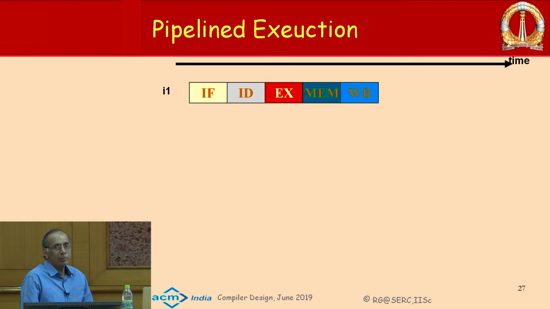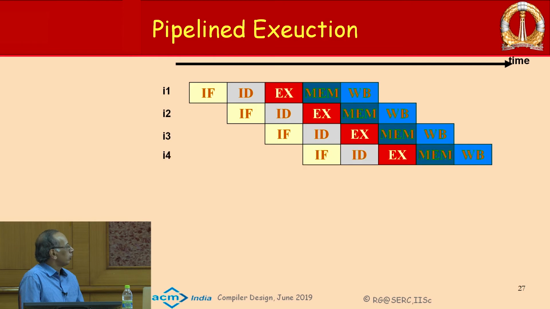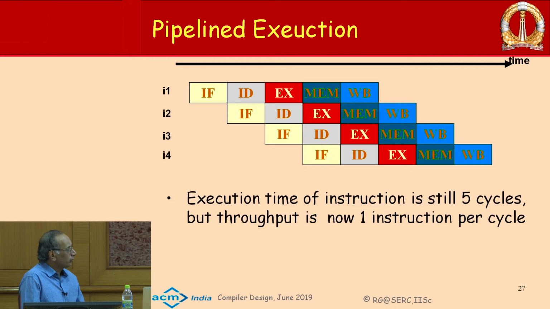So in a non-pipelined execution, you take 5 cycles because of the 5 stages to complete this instruction, whereas in the pipelined execution, you still take 5 cycles to execute, but your throughput happens in such a way that every cycle you get a new instruction. That is really the advantage that you have. Execution time is still 5 cycles, but throughput is improved to 1 instruction per cycle.